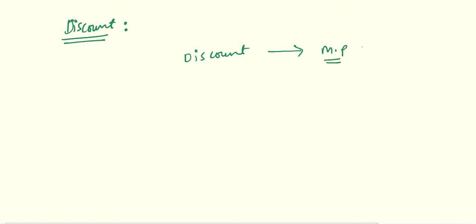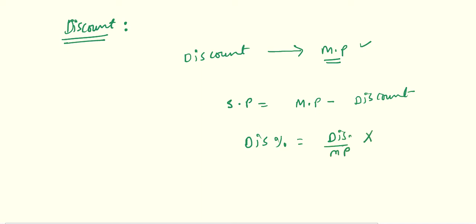That means discount is calculated on the marked price. Selling price equals marked price minus discount. The same way, discount percent equals discount upon marked price into 100.